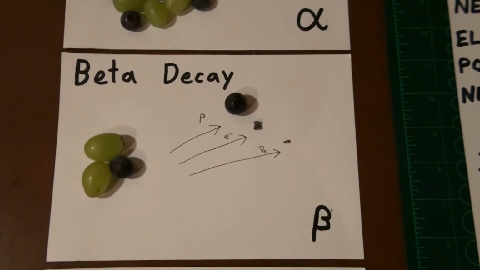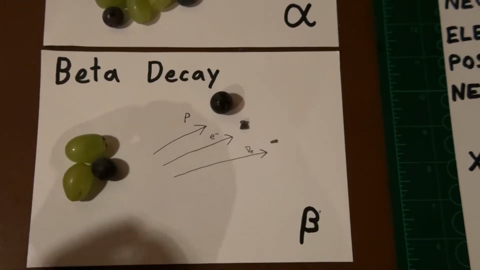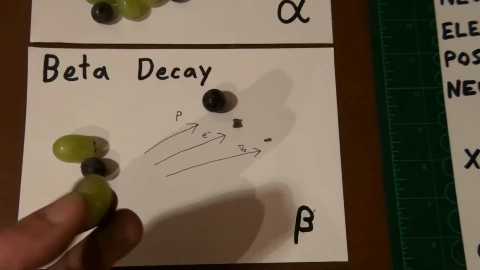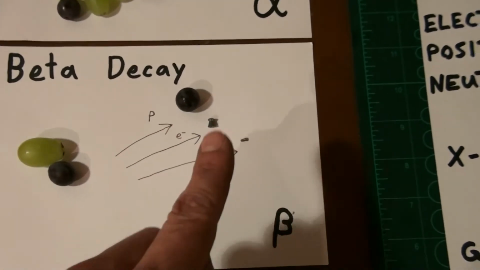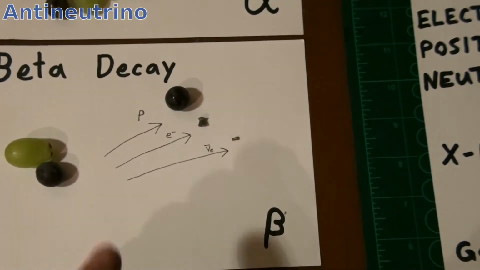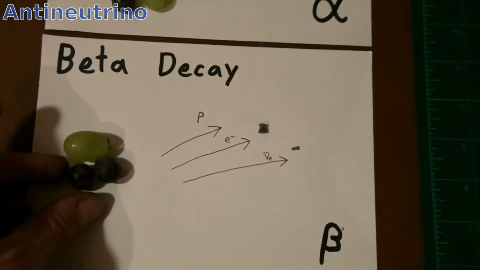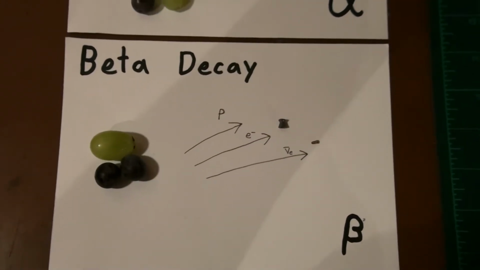And tritium is radioactive, so what will happen in beta decay of tritium in this example is one of the neutrons will decay. It will turn itself into 1 proton, 1 electron, and 1 neutrino. But the proton doesn't leave the atom, it will actually stay here. And this will turn itself into helium-3.